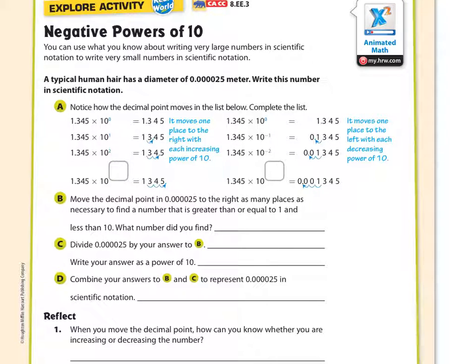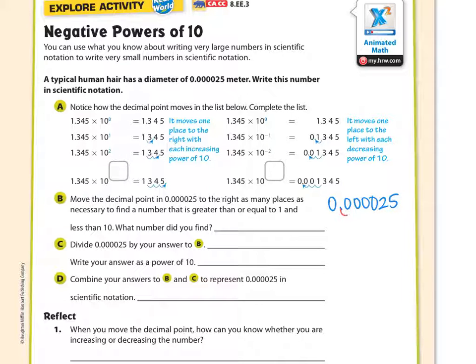Part B says move the decimal point in 0.000025 to the right as many places as necessary to find a number that is greater than or equal to 1, less than 10. What number did you find? So I'm going to write this number first on the right side. Then my decimal point is already there. It's near the left side.